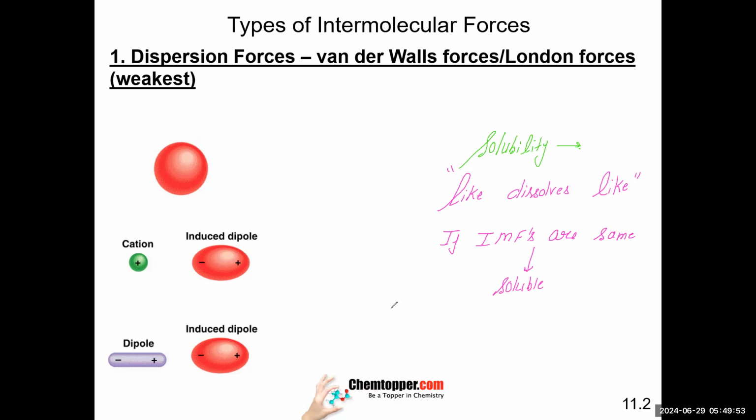For example, water has hydrogen bonding. Ammonia has hydrogen bonding. So you can break the hydrogen bonding of water, you can break the hydrogen bonding of ammonia, and they can make new hydrogen bonds. So the energy needed to break and the energy released when new ones are formed are compatible.